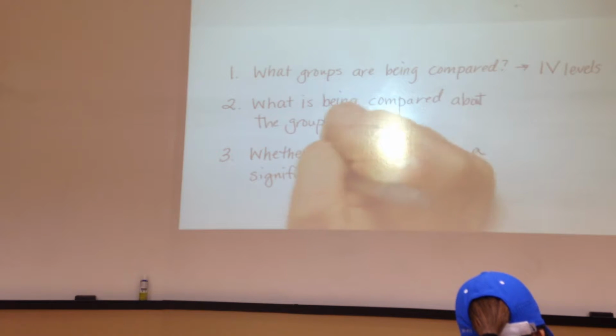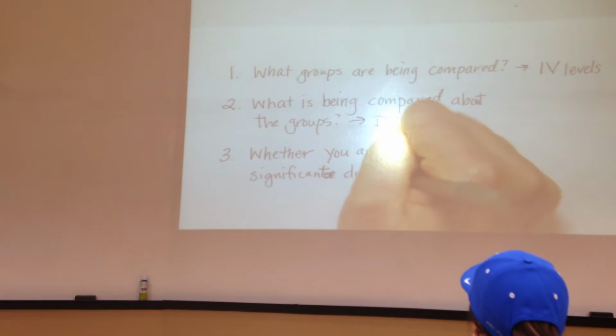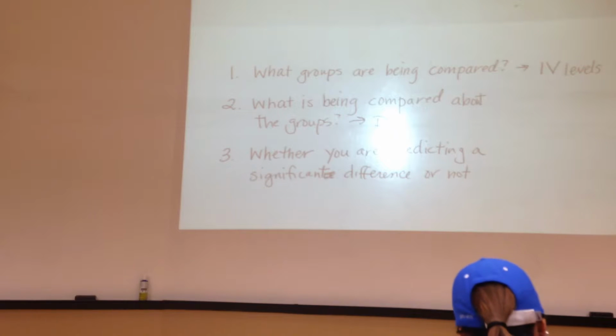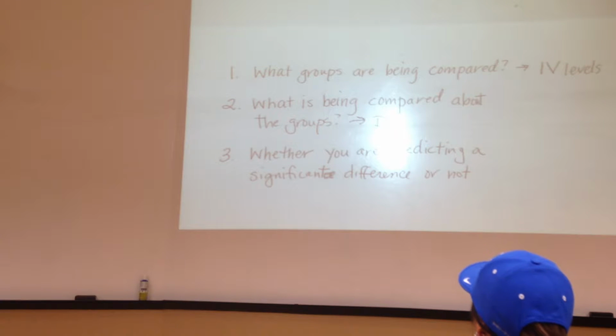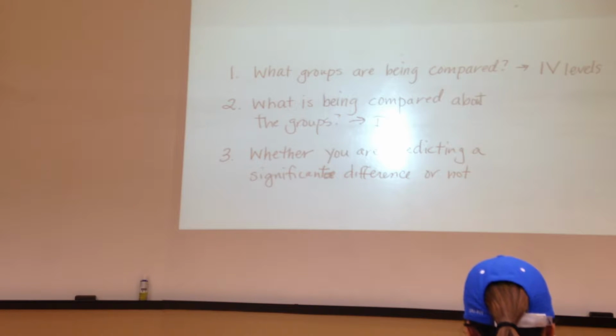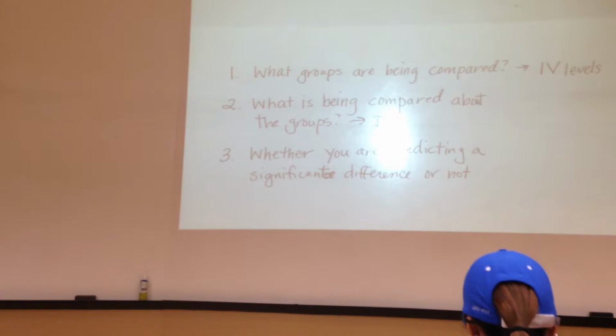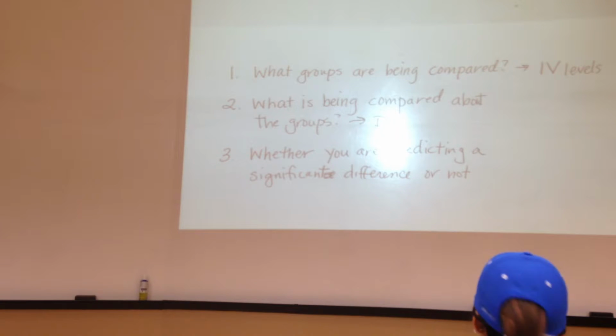Now, in the case of the null hypothesis, the answer is always no. Right? So when you're describing a null hypothesis, it should be clear somewhere in your statement there will be no significant difference.